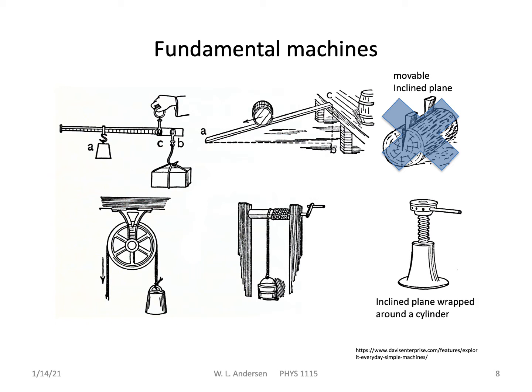Also, a screw there in the bottom right is evidently just an inclined plane wrapped around a cylinder. So again, if we can understand how inclined planes work, then we can develop a theory of how screws work. So we'll eliminate that as a separate kind of fundamental machine.